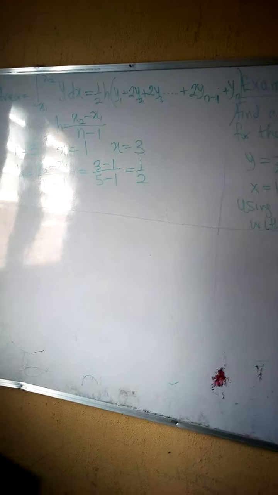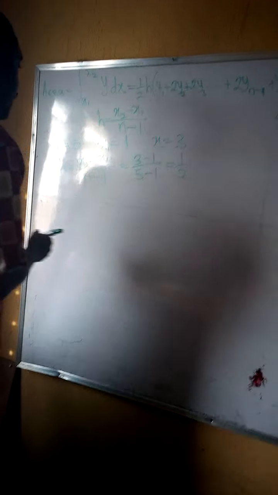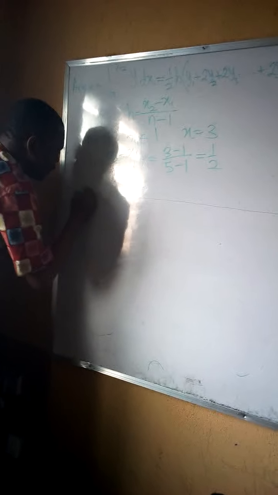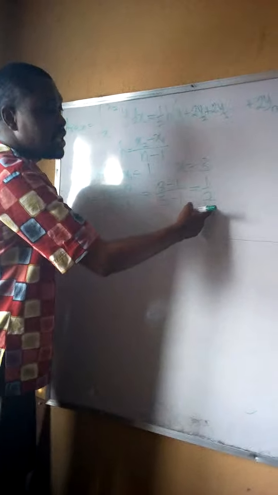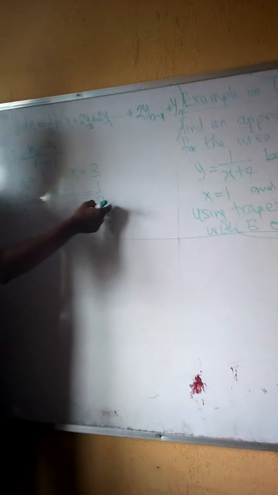So the next thing is, for each value of x, what will be the value of y? The 5 values of x we will use will start from 1, and the interval will be 0.5, that's half.